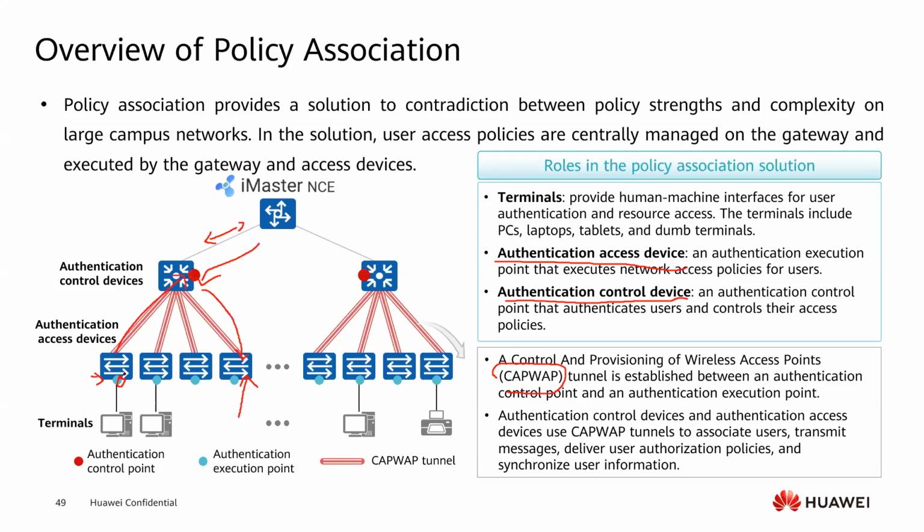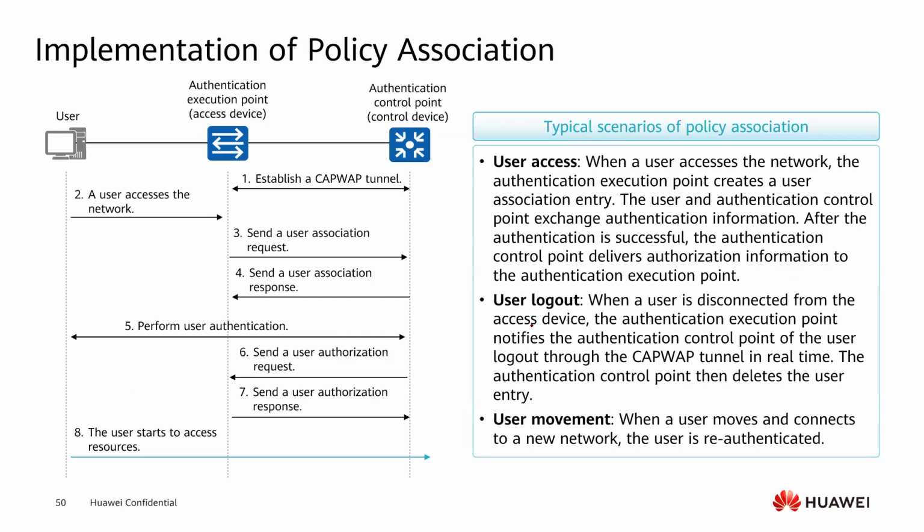The control device exchanges the identification information between the server and itself, and then for authorization and traffic control, it sends the information to the access device, which just does the function of controlling the traffic. So we separate the two functions into two devices: one is the control device, the other is the access device. This is how policy association works.